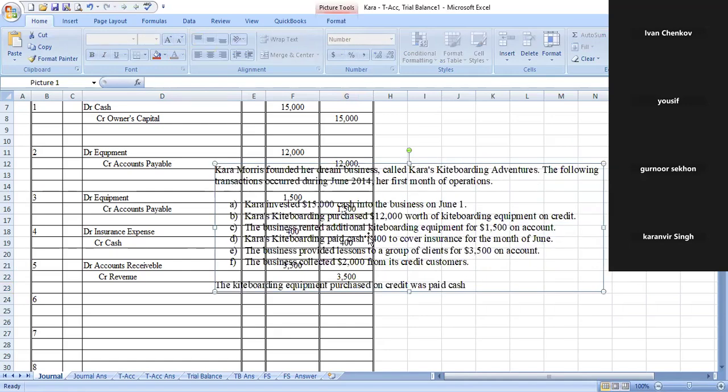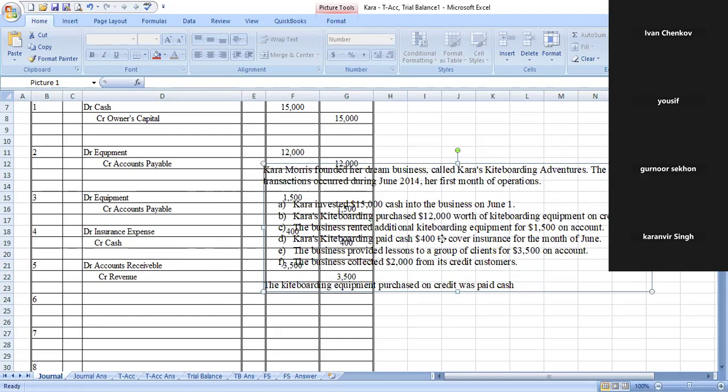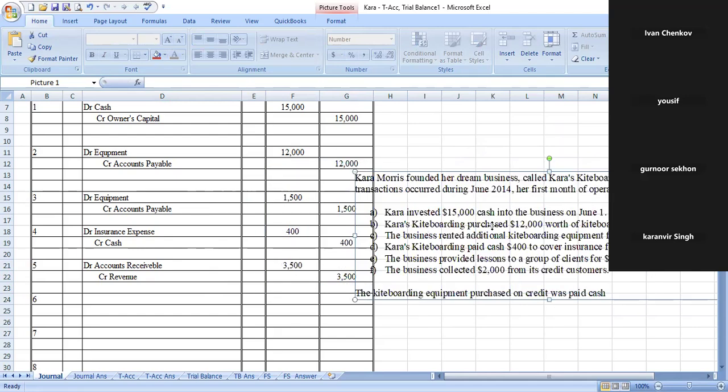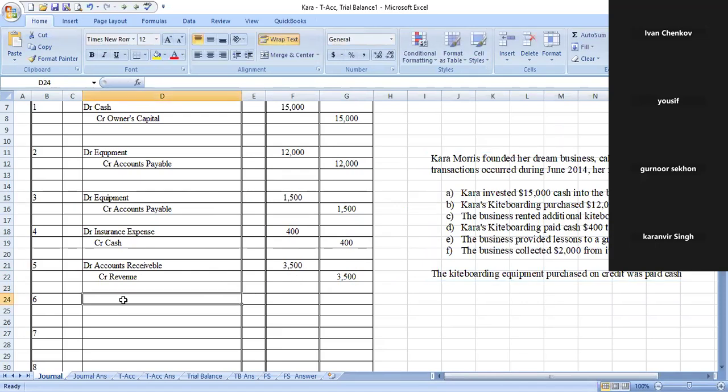The last one is the business collected $2,000 from the credit customer. So the customer who didn't pay us $3,500, he paid us $2,000. So what will that be? What did the business get? Debit, cash. How much cash did the business get? $2,000. Why did the business get $2,000 cash?